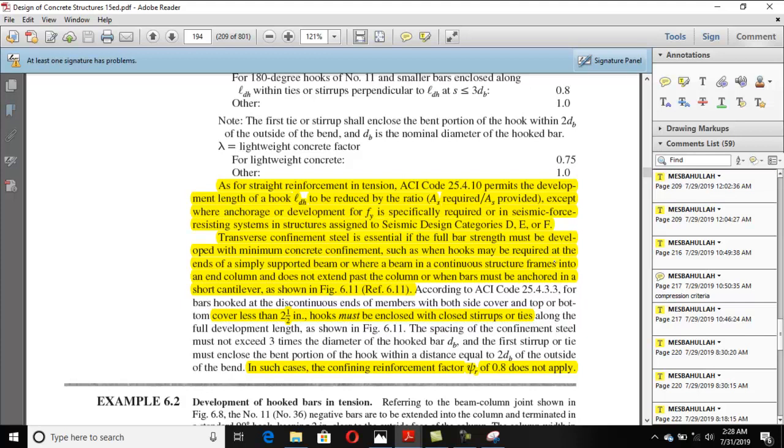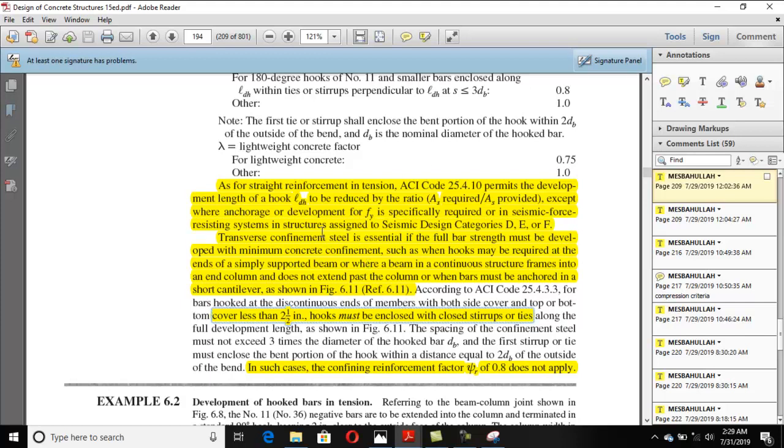A member with both side cover and top cover, both side as well as bottom, when they are less than 2.5 inch, hooks must be enclosed with closed stirrups or ties.